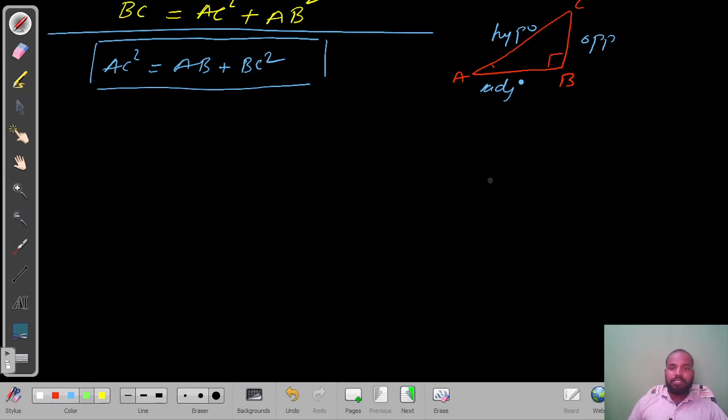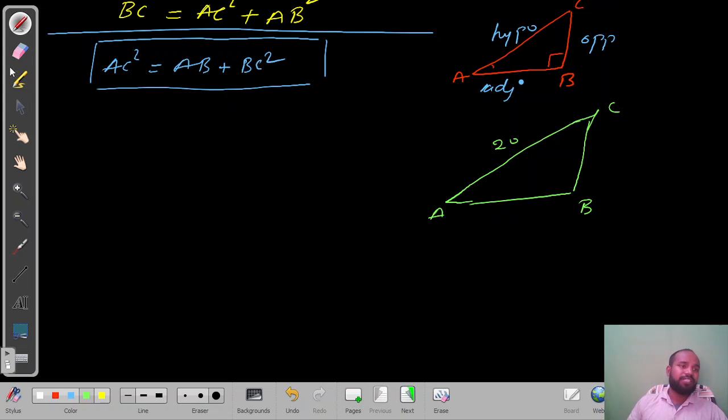So let us draw one triangle, ABC. The hypotenuse is given, that is 20, sorry, let us take smaller values. So the hypotenuse is 10, and one side, the opposite side, is 5 centimeters.